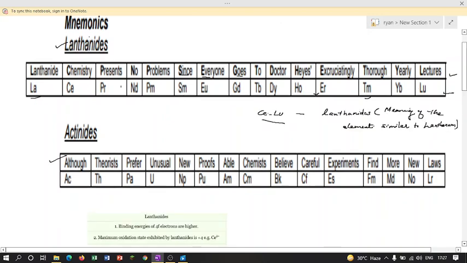Lanthanides are called the first inner transition series or fourth transition series and come immediately after lanthanum.